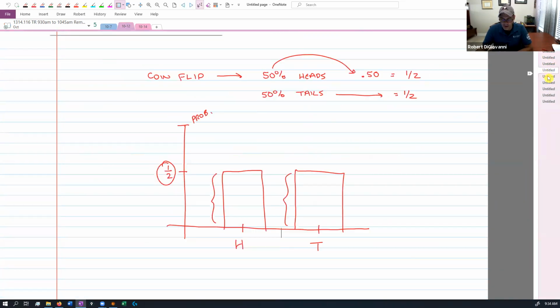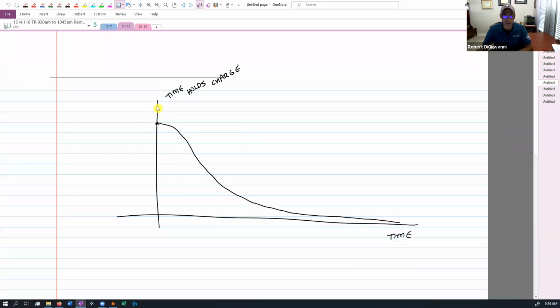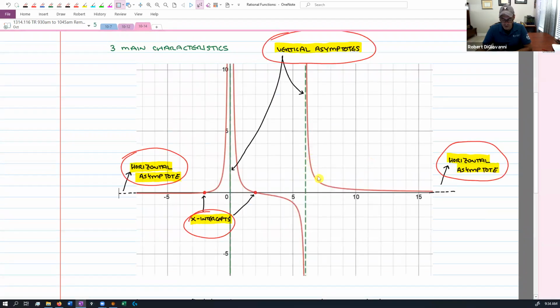Remember, we started the whole idea of this talking about probability and how we want a function that keeps getting smaller and smaller without actually ever getting to zero. That's what this is. You can see the function drops down, gets smaller and smaller and smaller. It's getting closer to the x-axis, but it's never making it to the x-axis.